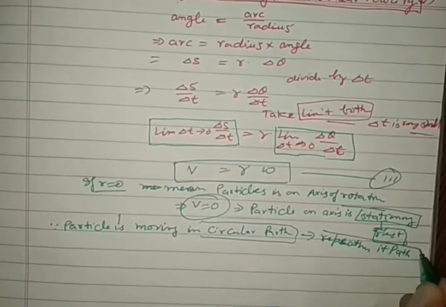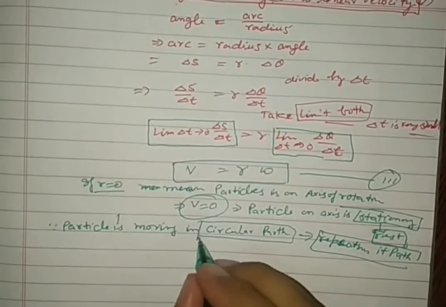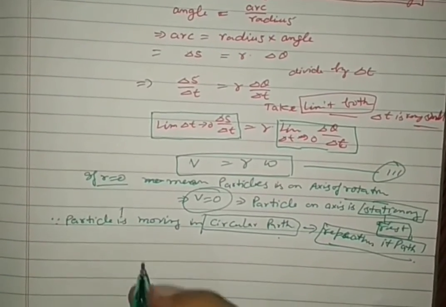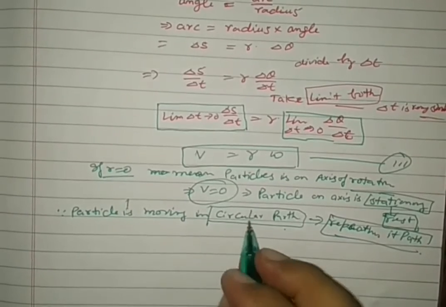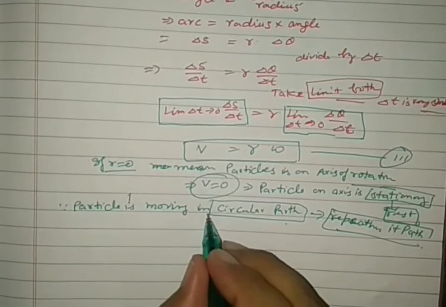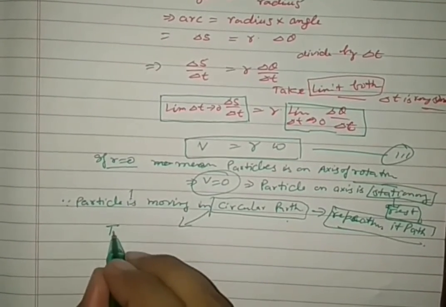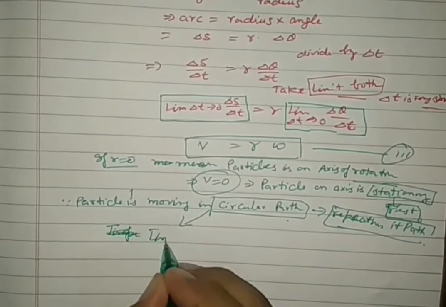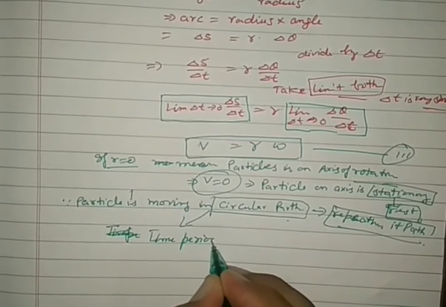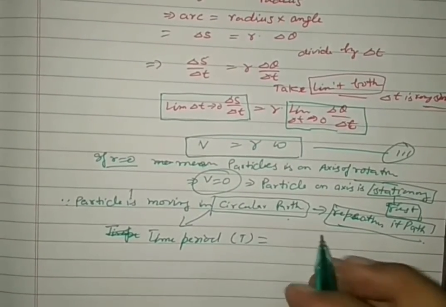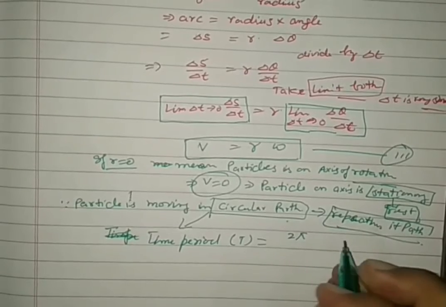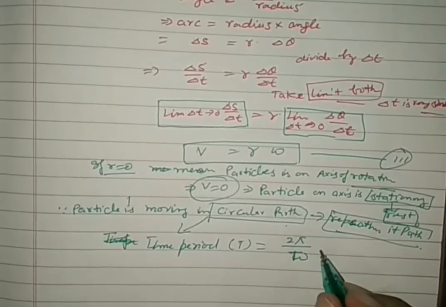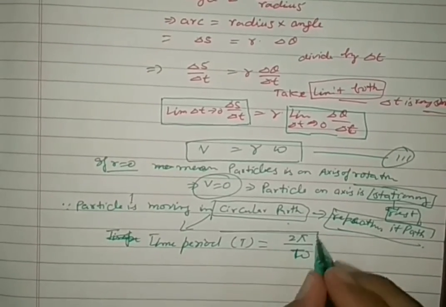Both things take place, moving in a circular path and repeating the path. In that condition, the time period can be obtained by the formula. It is denoted by T, the time for one complete oscillation, equal to 2 pi by omega.